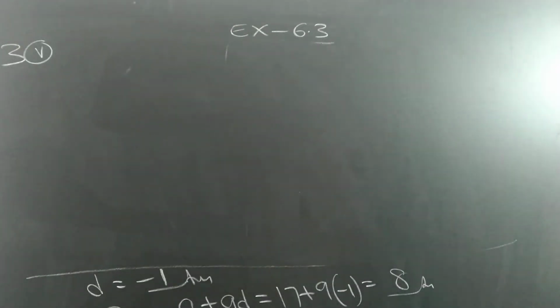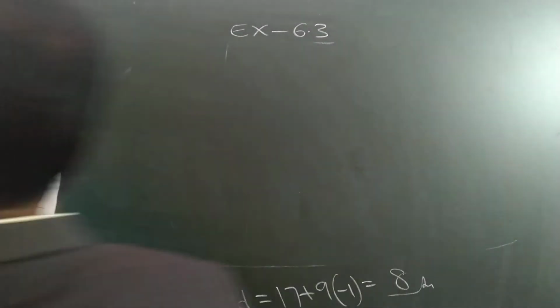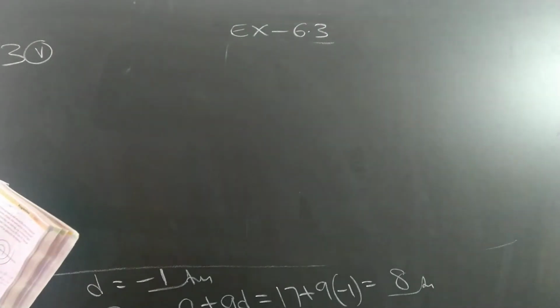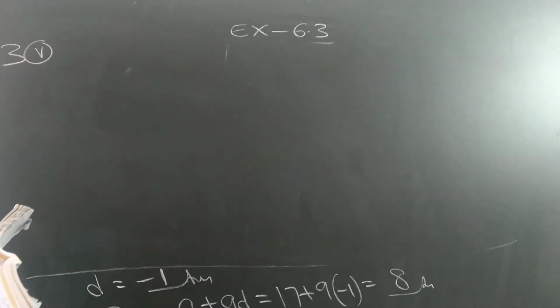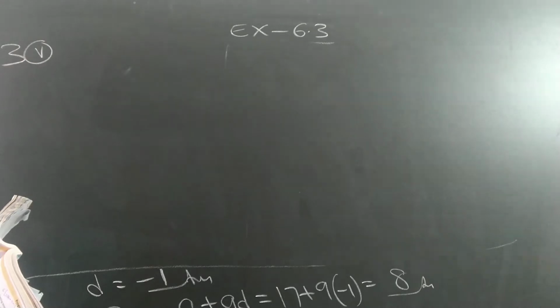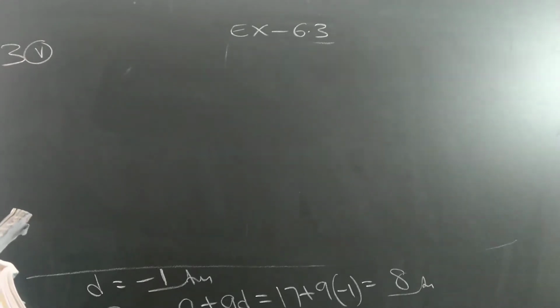Again, third question, fifth bit, same model. Given A is equal to 2, D is equal to 8, Sn is given. Find N and An.